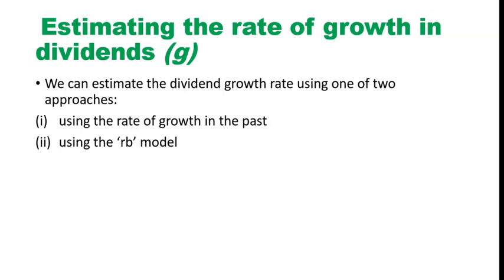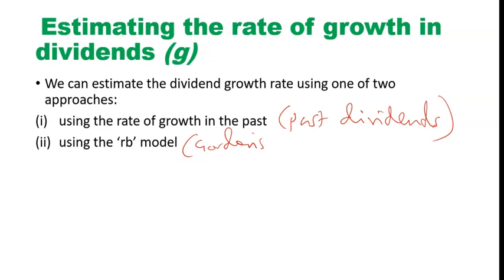We can use the past dividends, the rate at which the past dividends were growing, or we can use the RB model, sometimes called the Gordon's growth model.